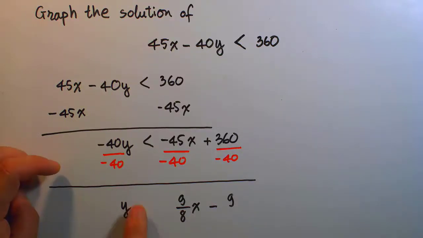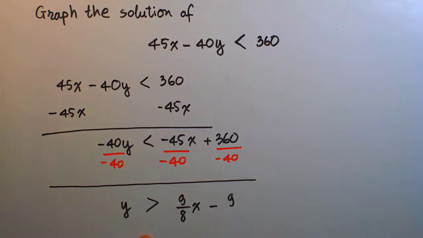So here's our left hand side, and here's our right hand side of the inequality, but now the inequality sign between them changed direction. So now, after rearranging our inequality, it reads y is greater than 9 over 8 x minus 9.